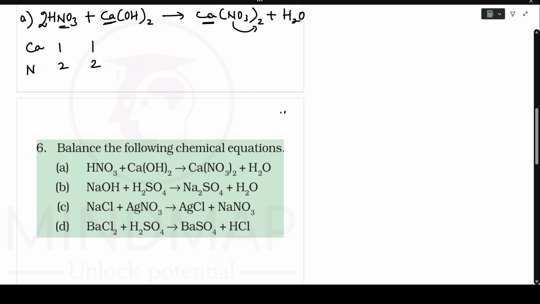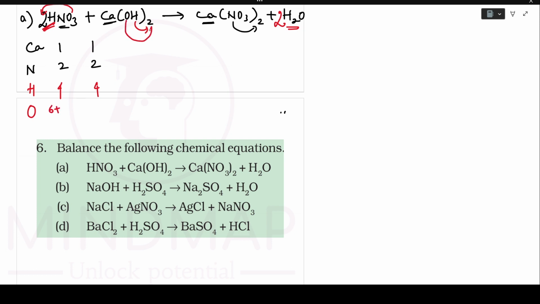Let's check now hydrogen. Hydrogen here is, see, here it is 2 and here it is 2. So hydrogen is 2 plus 2, 4. And on this side, hydrogen is only 2. So write here 2. So 2 and 2, 4. Last one is oxygen. Let's see, oxygen here is 3 2s are 6, plus, check here, 2.